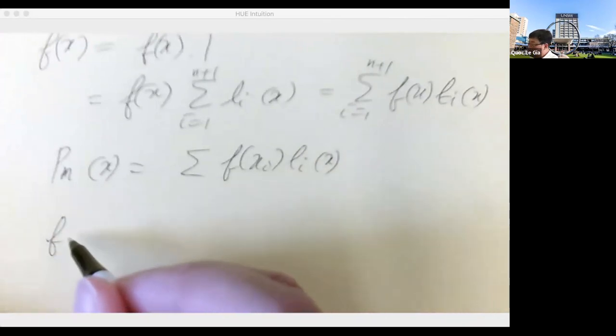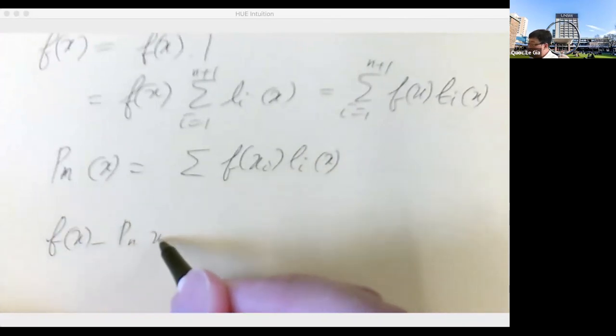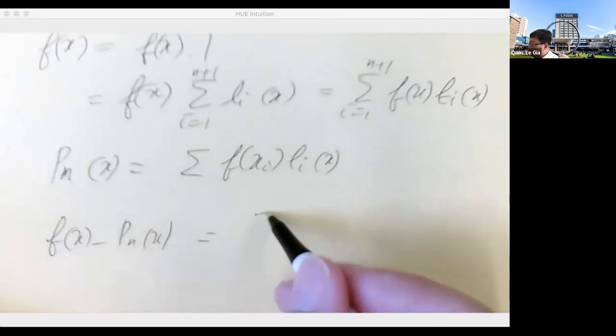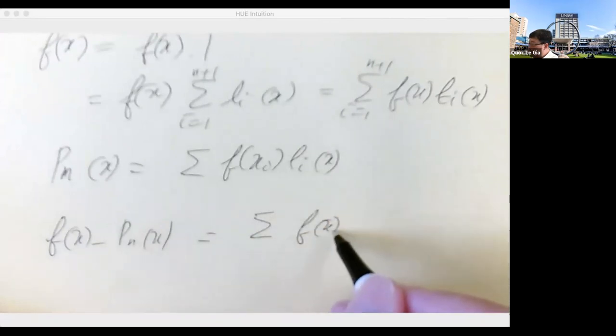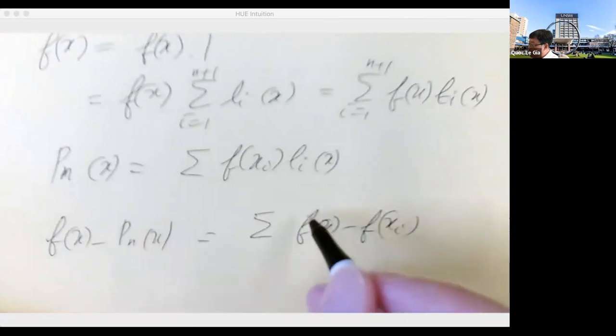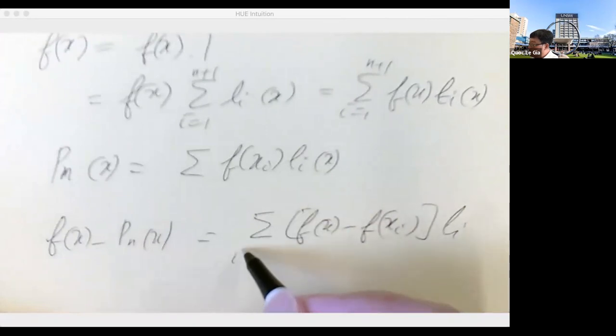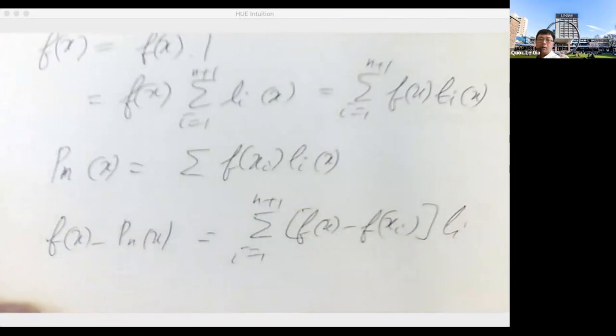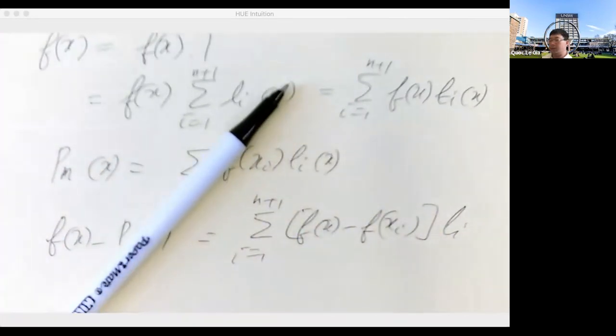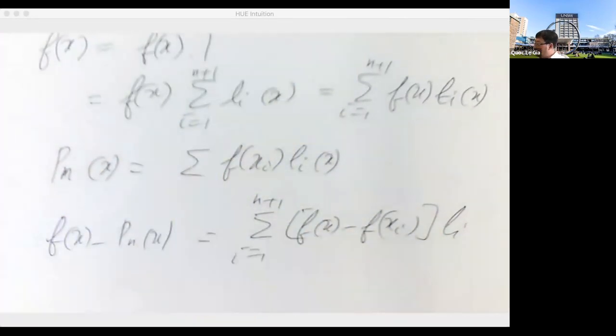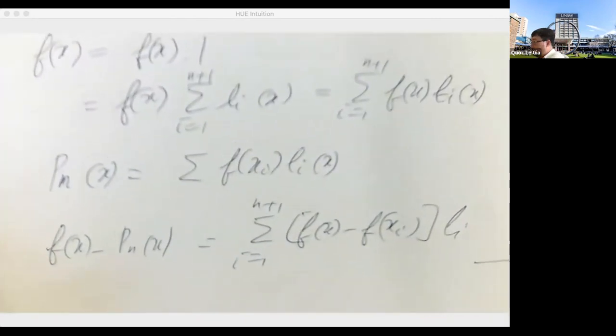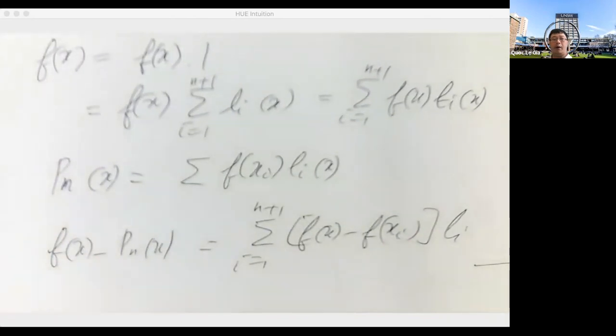So f x minus pn x is just the sum of f of x minus f xi times li. That's it. It's just a consequence of the previous question, so nothing new here. You just replace 1 by the sum of li.